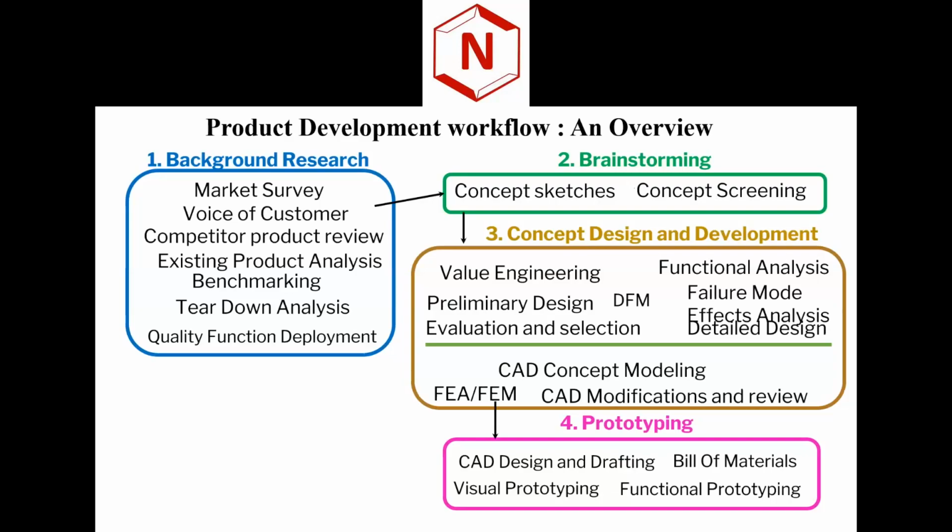In visual prototyping, the main purpose is to analyze the look and form of the product, and it does not have any functional value or the complete functioning of the product. So in visual prototyping we only look at how the product looks and how the product feels. In functional prototyping we also incorporate all the functionalities.